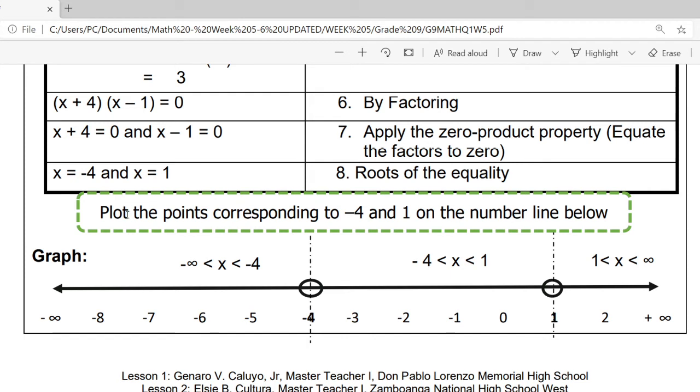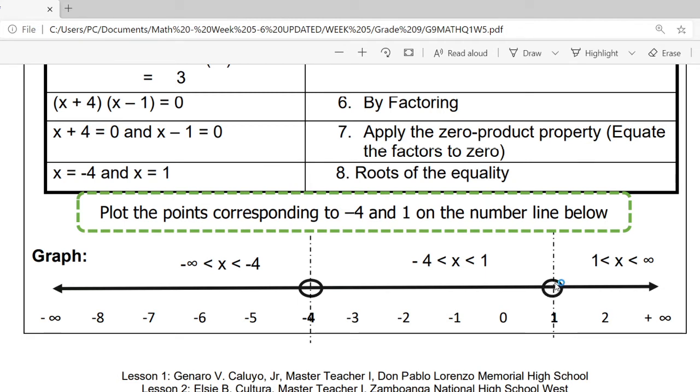So we're going to plot those corresponding to -4 and 1 on the number line. So this is the -4 on the number line, then this is your +1. So we will make it like this for a while, okay? Hollowed like that. So do not shade this one first.